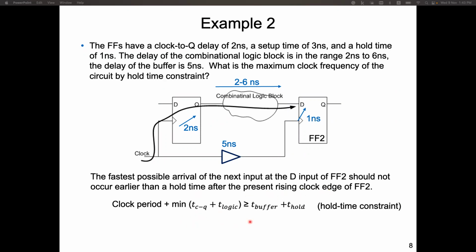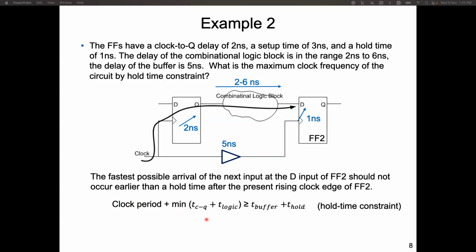So we can write an inequality. Clock period, which means, here suppose, so this is the next input, to receive the next input. So we have a clock period here plus the fastest delay from this point to D: the clock to Q delay of the first flip-flop plus the logic delay.